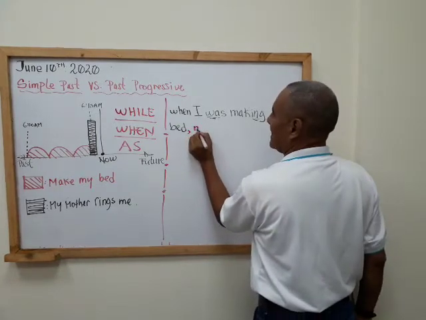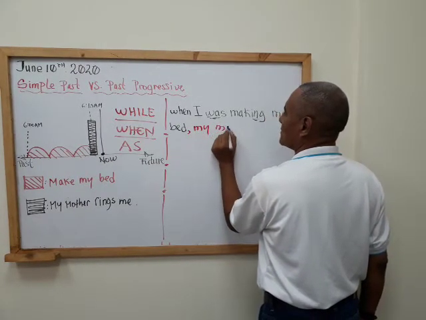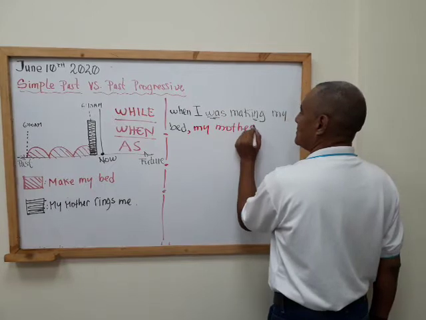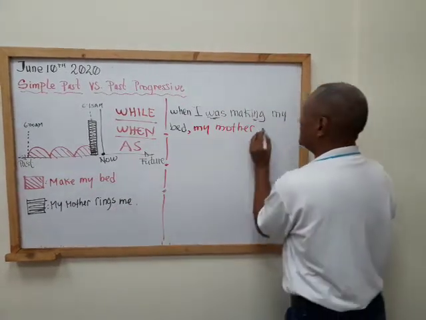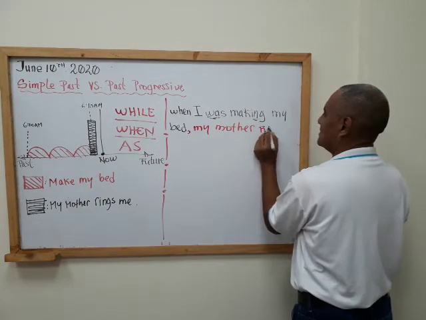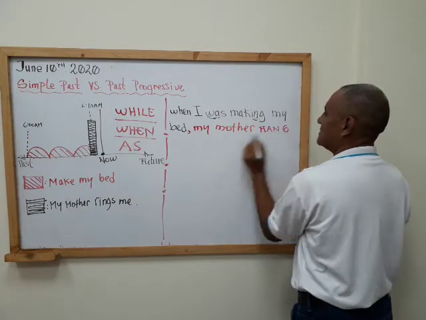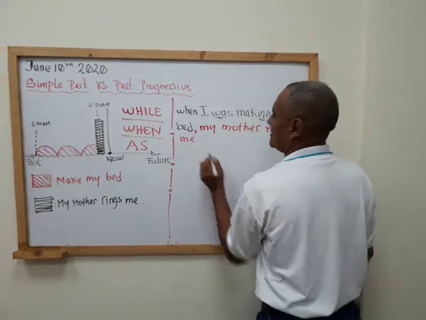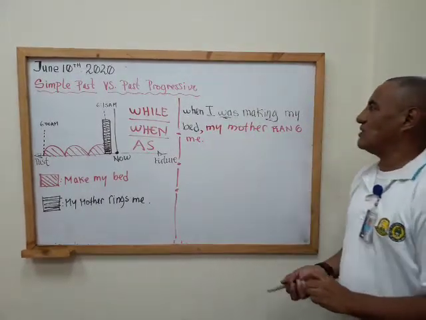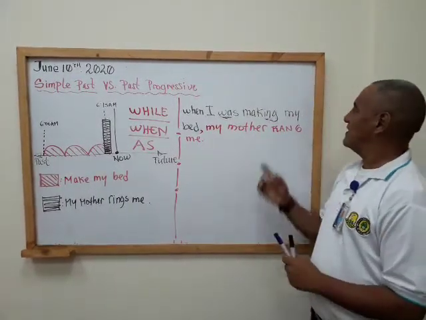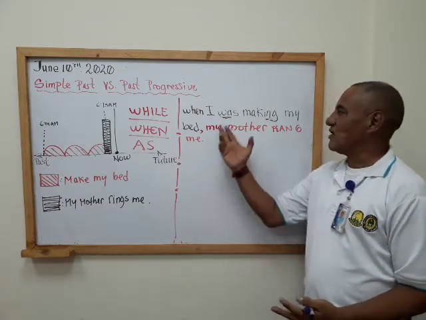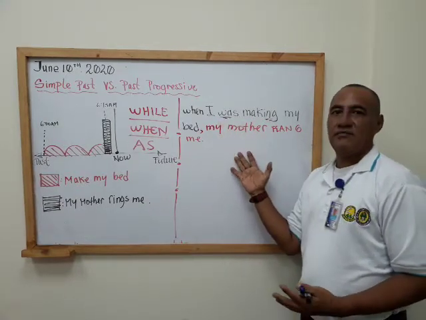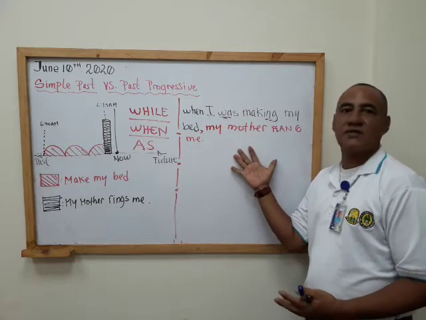No. My mother, mi mamá me llamó. Rang. What is the past tense of ring is? Rang. Rang me. Alright? When I was making my bed, my mother rang me. Entonces, cuando estaba tendiendo la cama, mi mamá me llamó. That is interpretation.